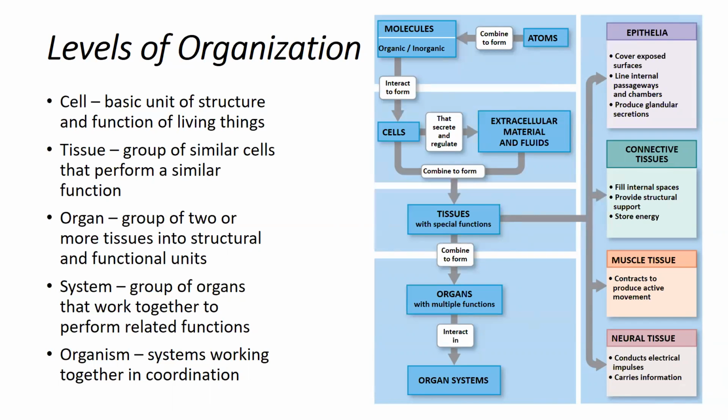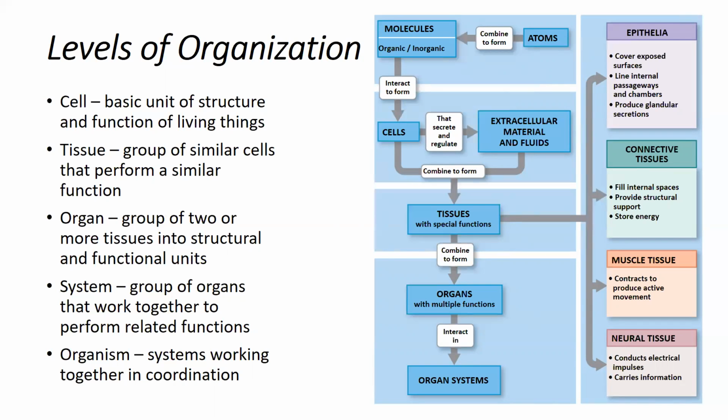Two or more types of tissues to form an organ. Again, think about the heart. Not only do we have the cardiac muscle cells that are forming the actual contractile part of the heart, but we have epithelial cells forming the lining of the heart. We have nervous cells or neurons which innervate the heart. And so we have different types of tissues bringing themselves together to form an organ.